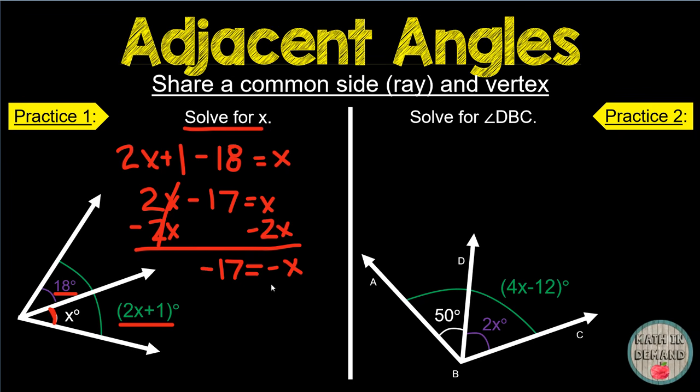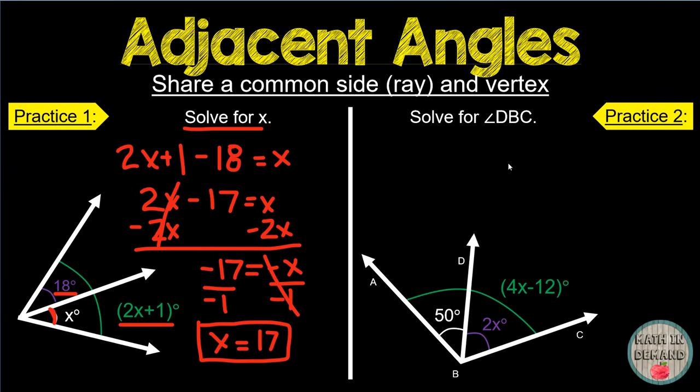I want to get rid of this negative, so I'm going to divide both sides by negative 1. A negative divided by a negative gives me a positive, so I'm left with just x. So x equals negative 17 divided by negative 1, which gives me positive 17. I have solved for x, so I have my answer.